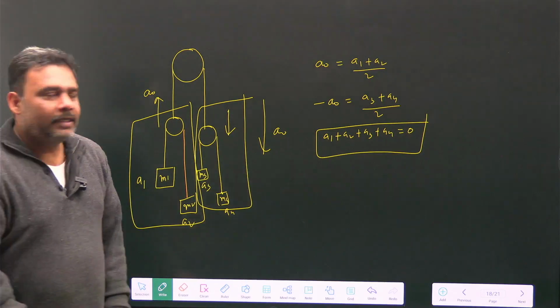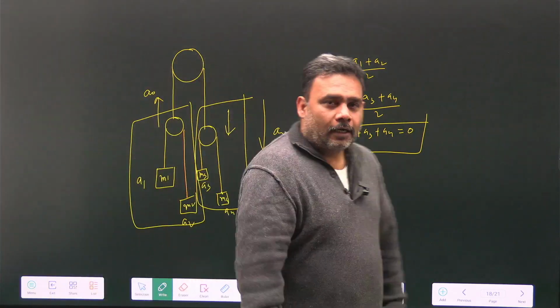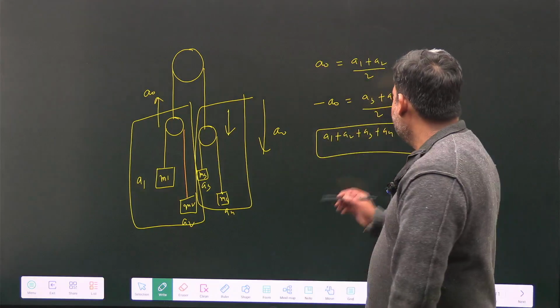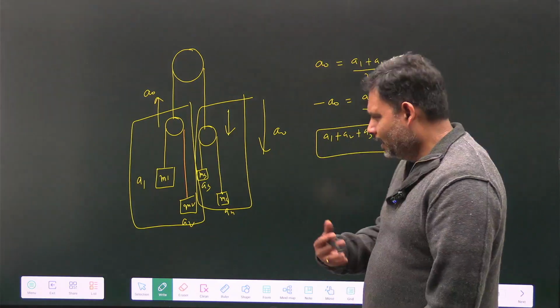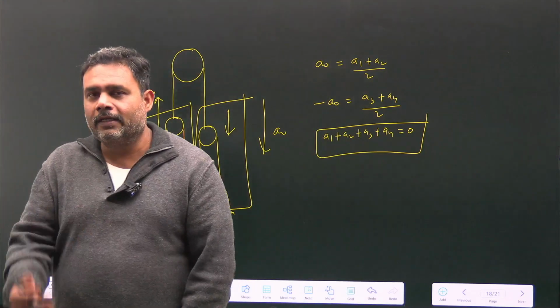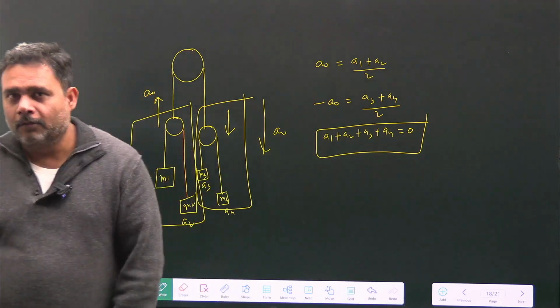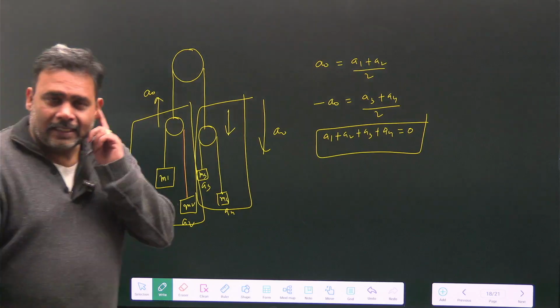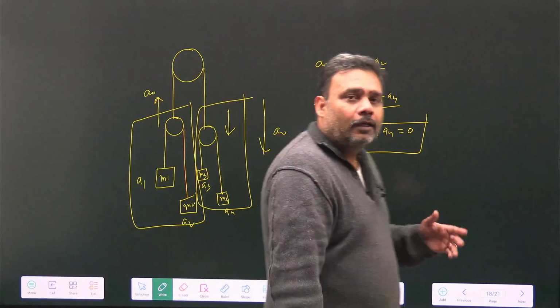Okay. So it's very interesting how you use the equation of constraint. Although at your level not so many questions come in equation of constraint, this is the thing where you can easily use your equations of constraint and solve the problem.